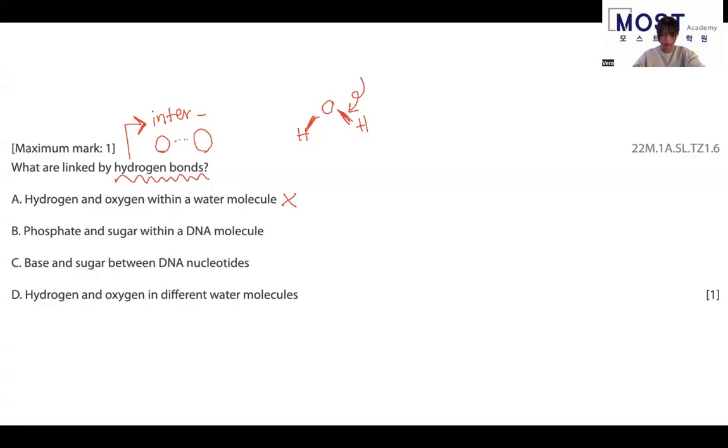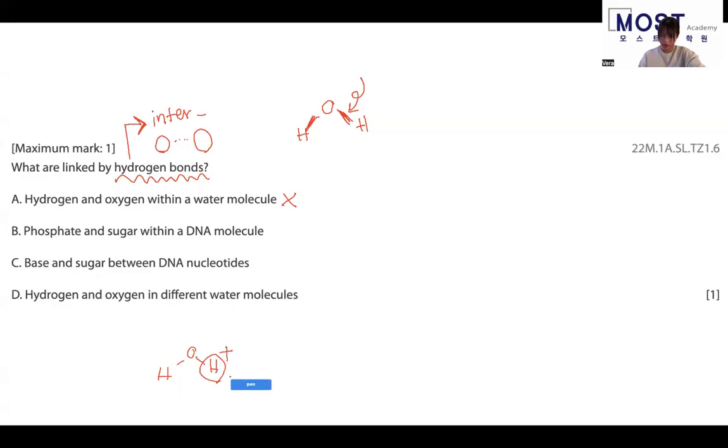And let's actually look at option D first because this is about water molecules as well. So D says hydrogen and oxygen in different water molecules. This one is correct because hydrogen bonds form between a slightly positive hydrogen atom of one water molecule. So let's draw. So this part is plus, right?